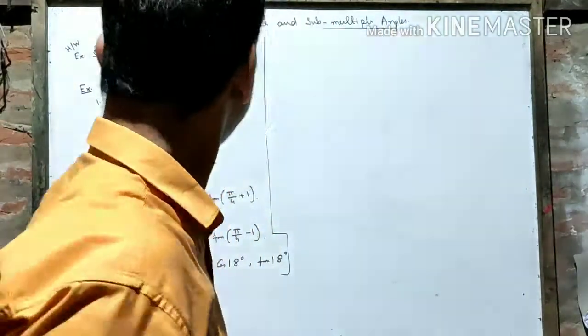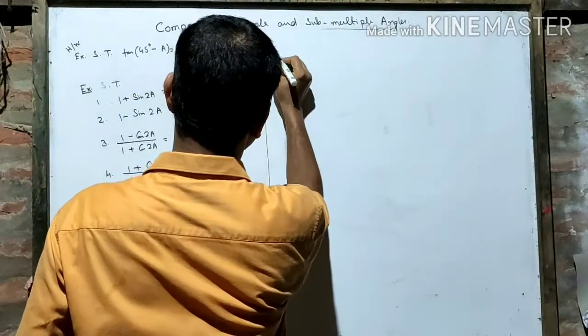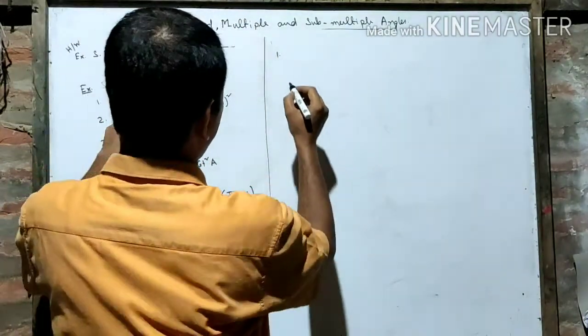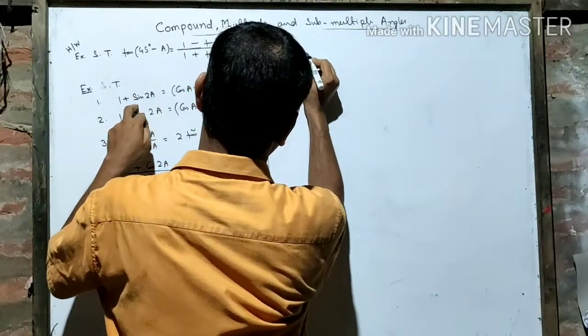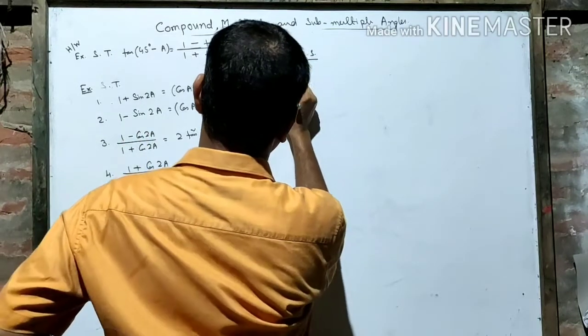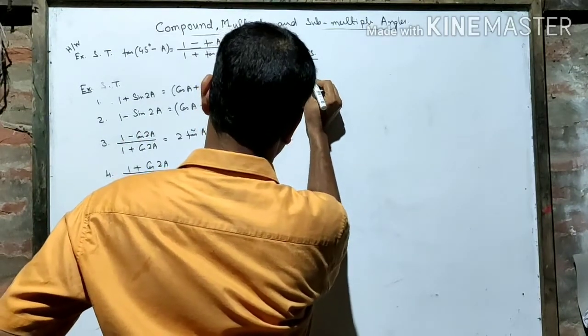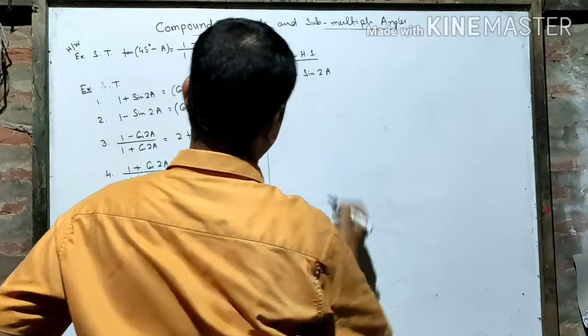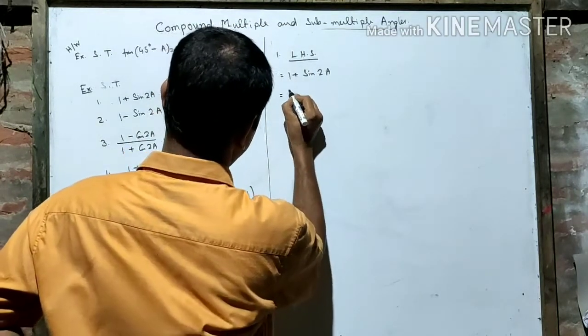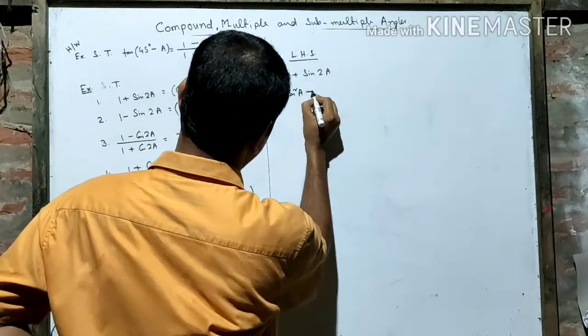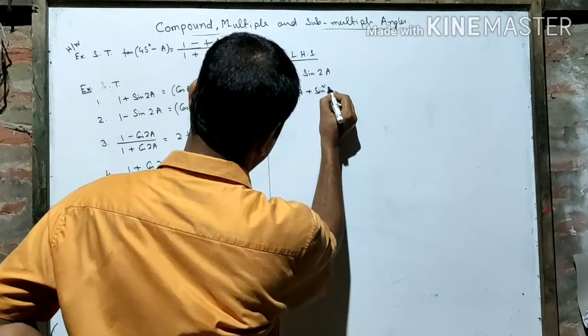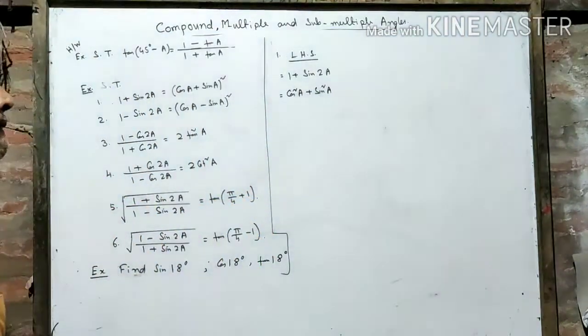Next example. Number 1. Let's start with the left hand side. What is on the left hand side? 1 plus sin twice A. 1 can be written as cos square A plus sin square A, no harm.